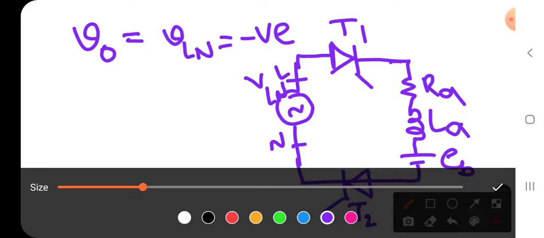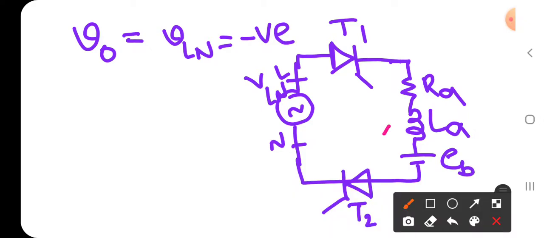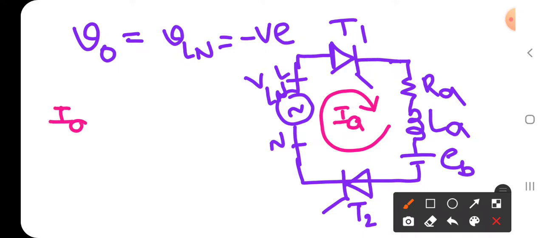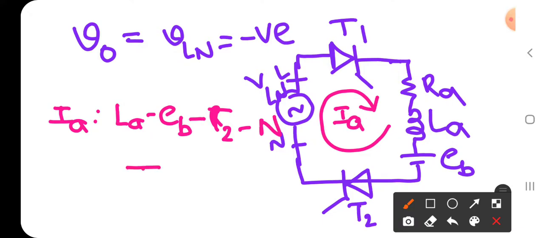The current in the circuit is like this, it is IA. The current IA flows from LA to EB, EB to T2, T2 to N, N to L, L to T1, T1 to RA, RA to LA again. This is how the current flows.